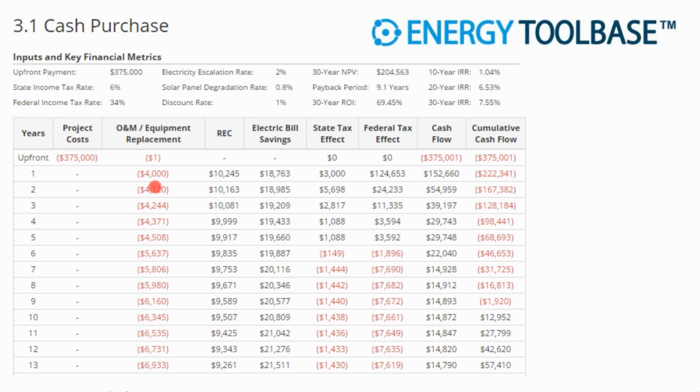When you install a solar array that reduces a company's electric bill, well, corporations deduct their electric bill from their taxes. Cost of doing business expense. Now, residentially, you don't get a tax deduction on your electric bill. I wish you did.